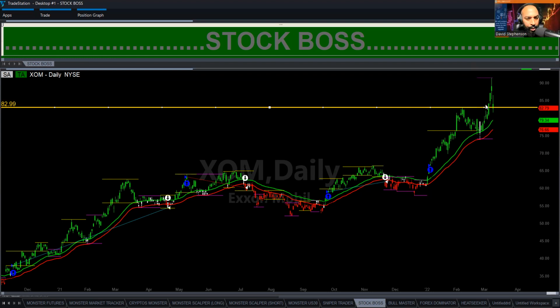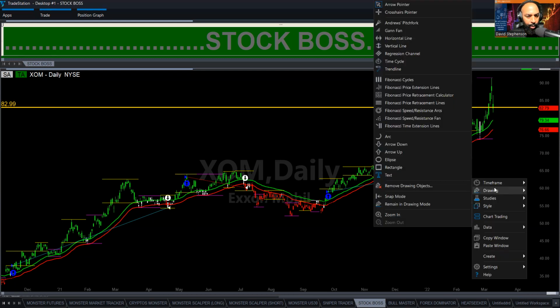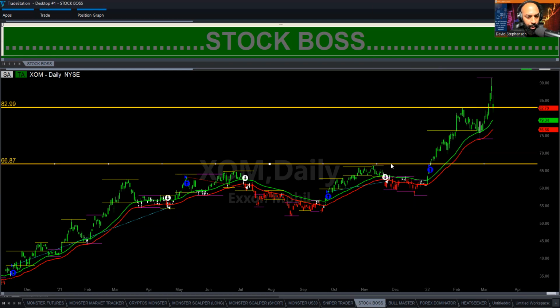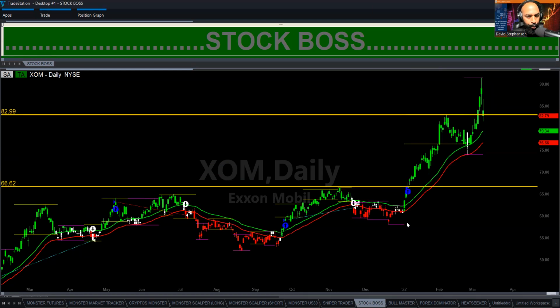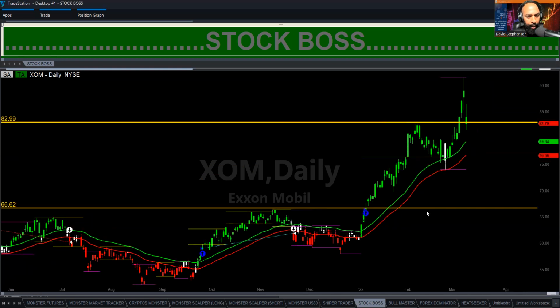I don't like these purple support and resistance, right? Especially when the price, remember I said that you were late on the buy. So here was your buy right here at 66. And you got in up in this area in here, right?